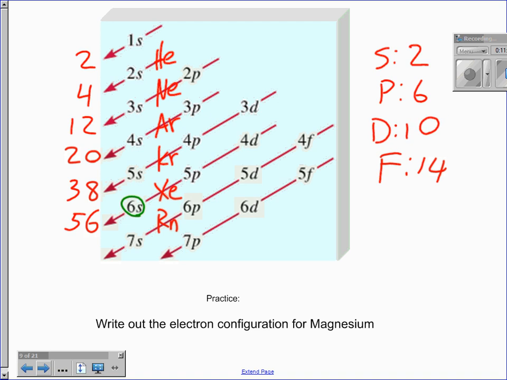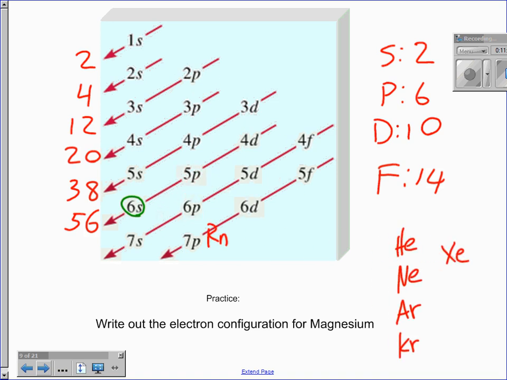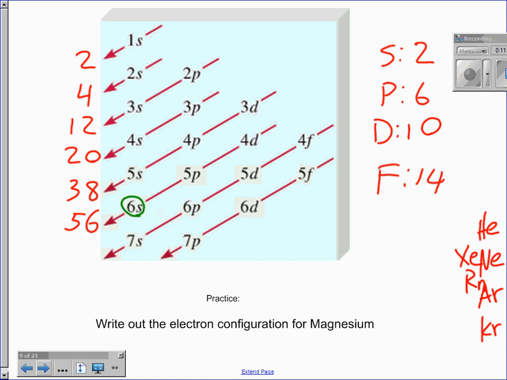In a d orbital, 10, and in an f orbital, 14. So I would advise you to write these things down on the side of your electron configuration sheet. I don't need these in there for right now. I'll put these in later.